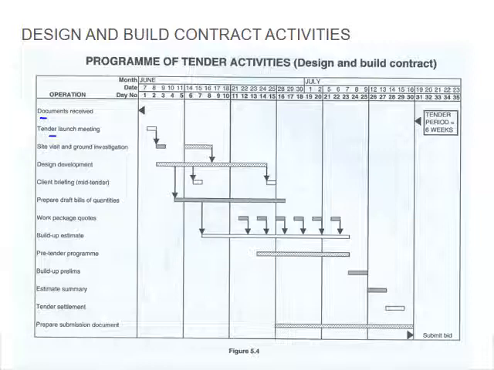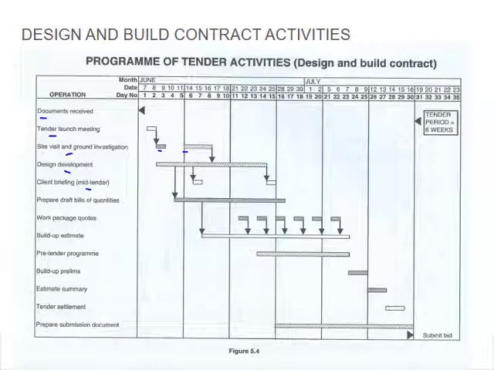Okay, explaining the site visit, ground investigation. Then if all of the contractors that are going to tender on this project have to do a design development. Okay, so you might have an initial site visit, but you might want to visit the site again to get more information.